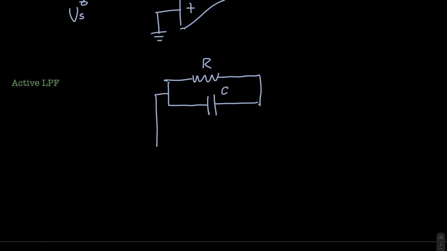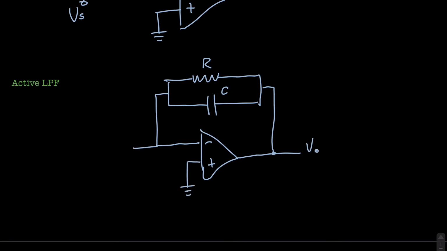And then these two guys are going to be tied around our op amp, like so. Oh, I forgot something. There's another resistor in here. So we can say this is R2 and this is R1. And then this is our source.